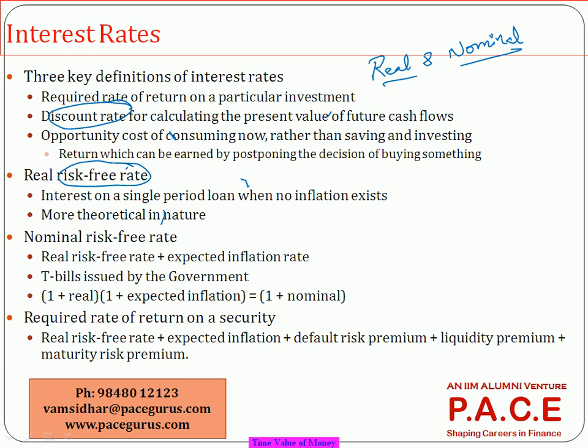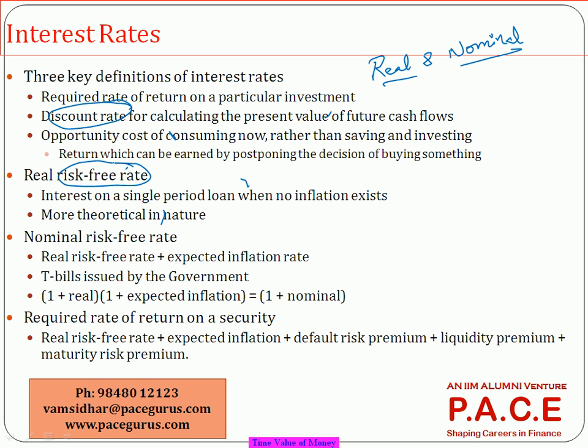If I put my money in that, there is no way I can lose even a rupee, or probably a bank fixed deposit as a simpler example. There is no way I can lose a rupee on that, but I am still getting some fixed return. That much return is what we call the risk-free rate of return.